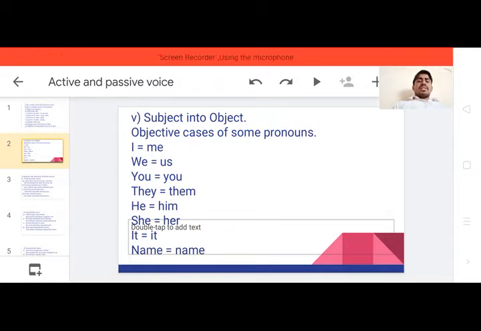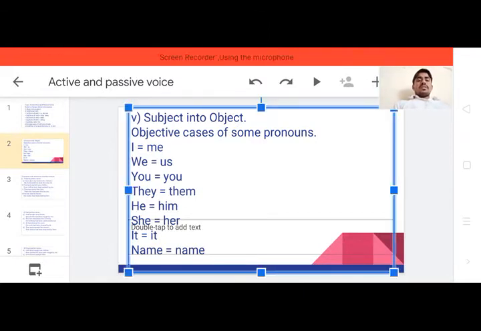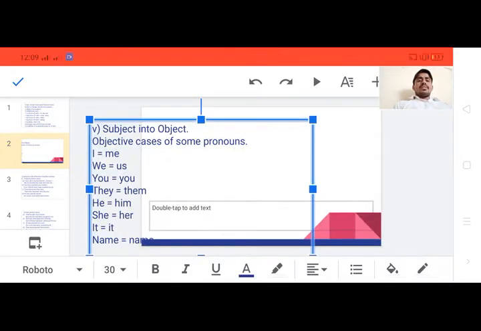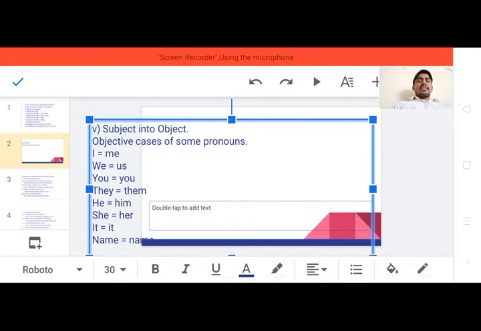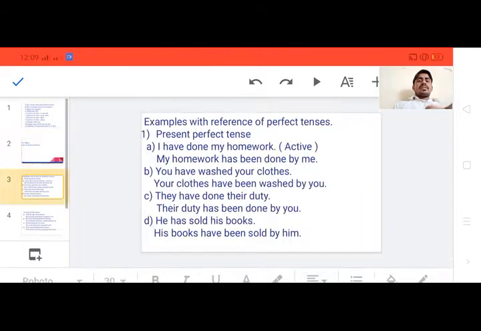So the objective cases of some pronouns are: I will change to me, we to us, you will remain you, they to them, he to him, she to her, it to it, and a name will remain the same. So this was the total introduction of active voice sentences and passive voice sentences.